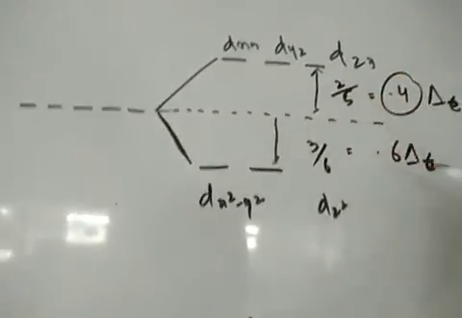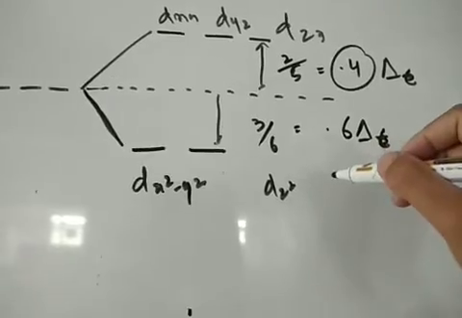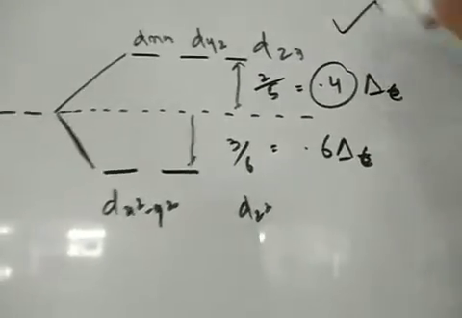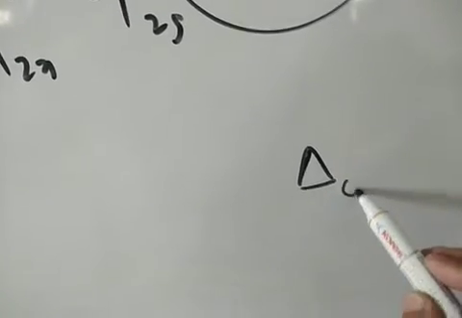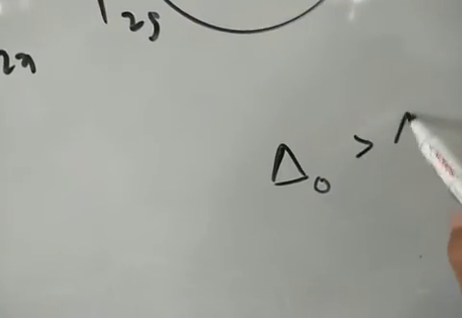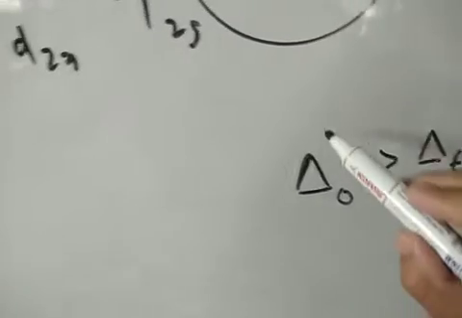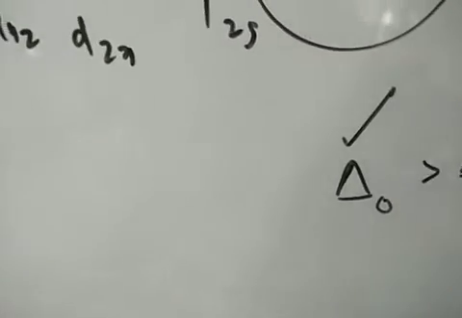In tetrahedral complexes, the number of ligands is less and the orientation factor is not favorable, so there is less crystal field splitting. So the crystal field splitting in octahedral complexes is more than in tetrahedral. And if crystal field splitting is more, that means the complex is more stable.